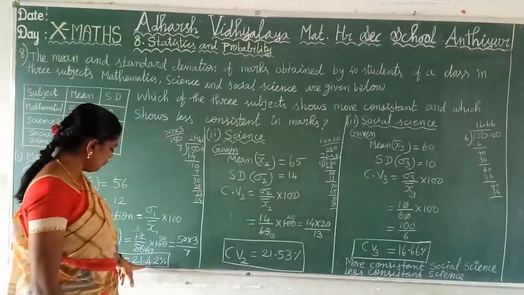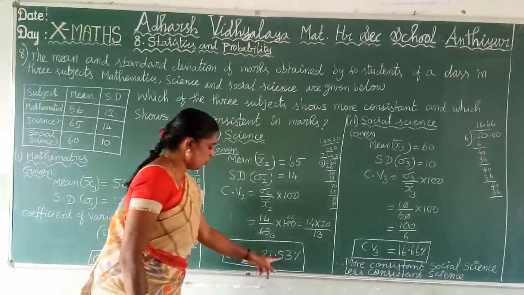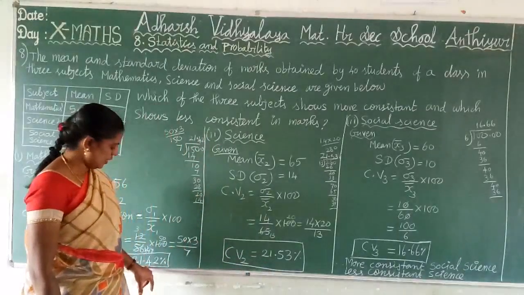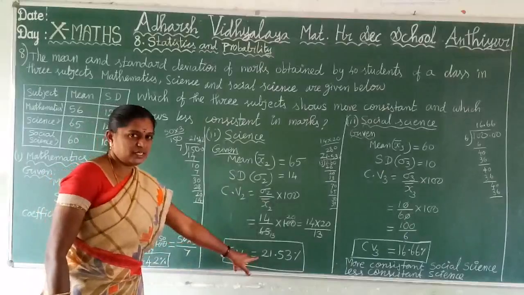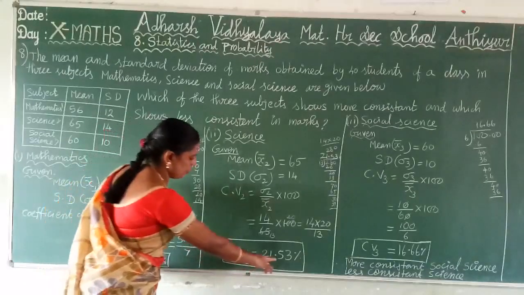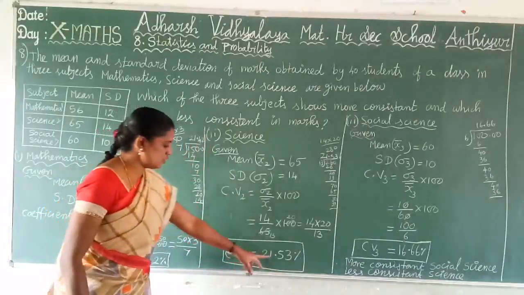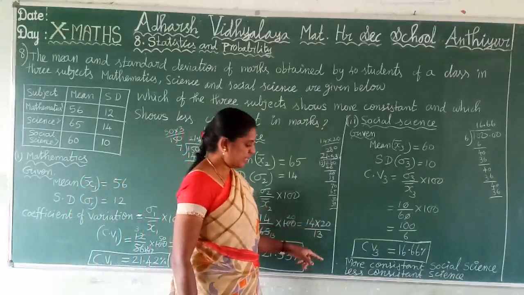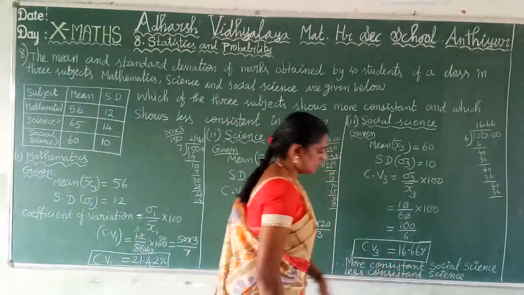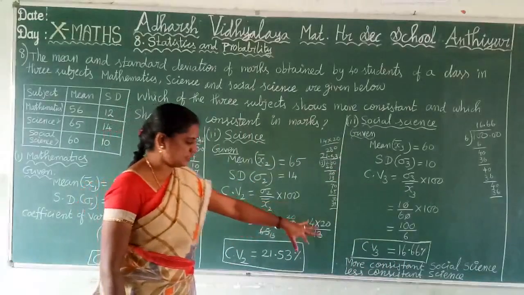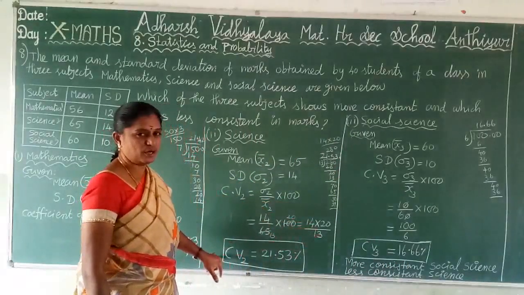Here 21.42, but here 21.5. The one with the bigger decimal is the greater value. So do carefully. Clear? Here 21 is the same, but here 21.4, here 21.5. So this is the greater value, so that is less consistent. Clear? So less consistent is science marks. So more consistent is social science marks, less consistent is science marks.